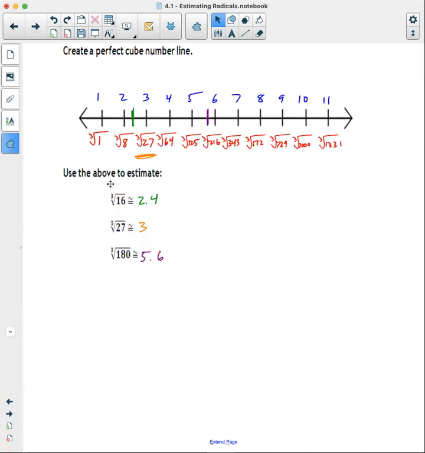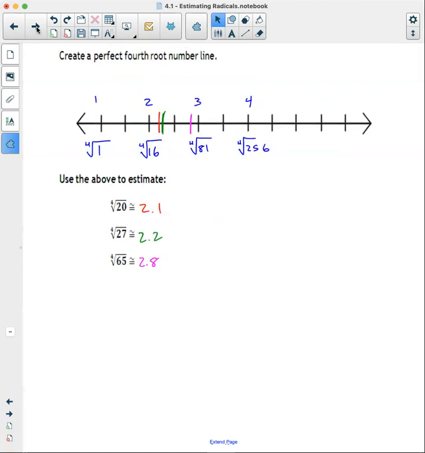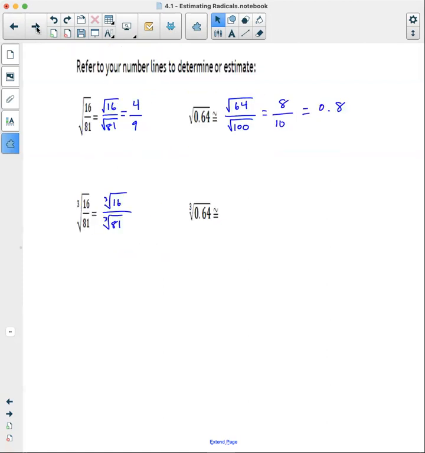So cube root of 16, we already said that was approximately 2.4. And the cube root of 81, pretty much in the middle between 4 and 5 there. So we'll go for approximately 2.4 divided by 4.5.